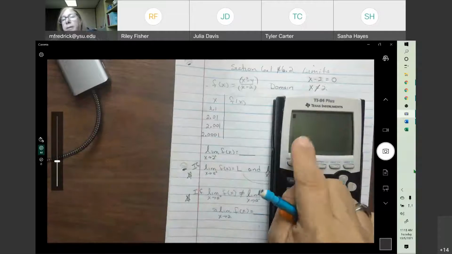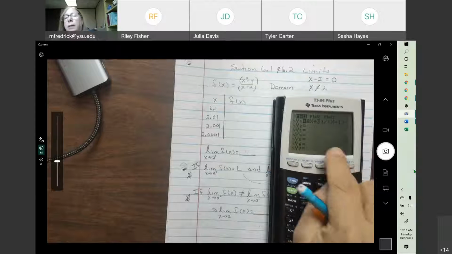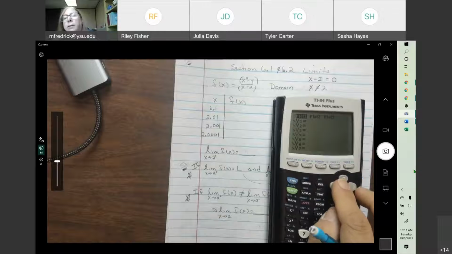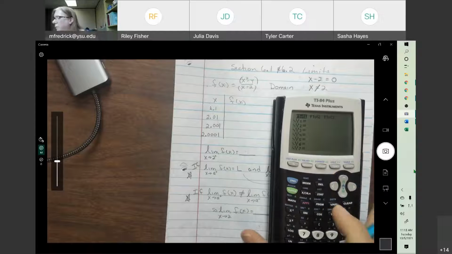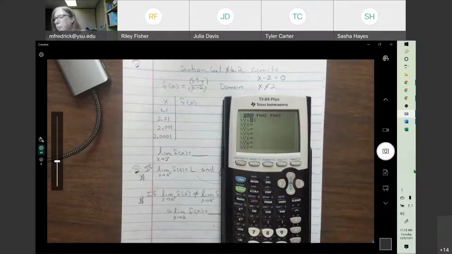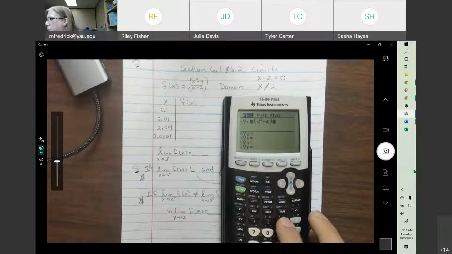One way of doing that, if you use your calculator, is to go under y equals and plug it in here. It's x squared minus 4.